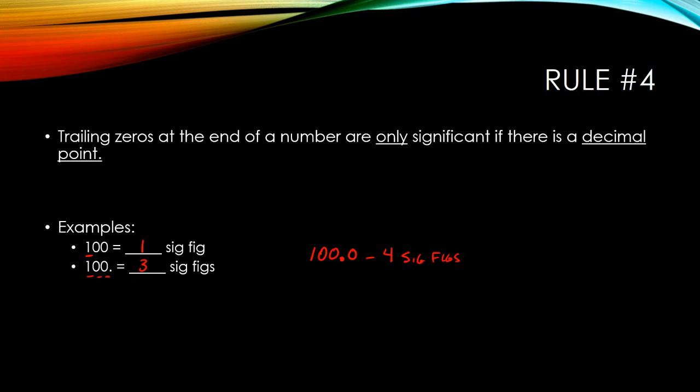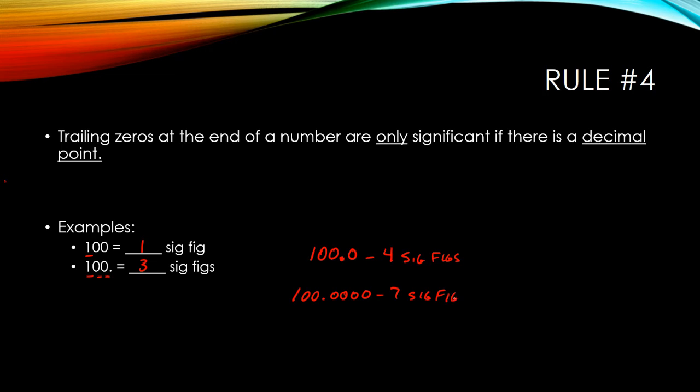And then let's make it really extreme here. Let's just say it's 100.0000. Because of that decimal point, all of those zeros are considered significant, which means that this has 7 sig figs.